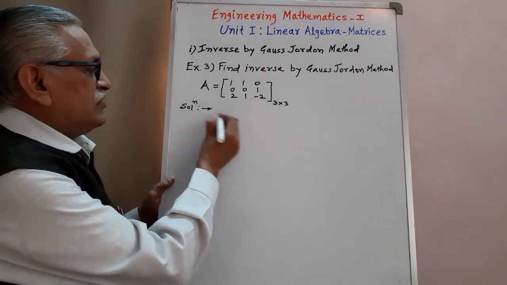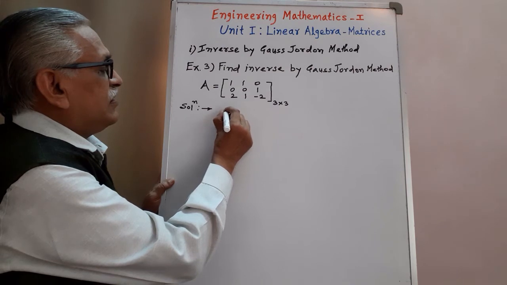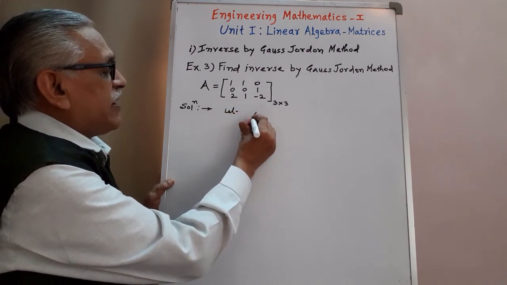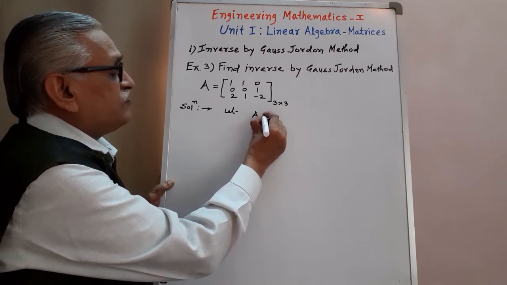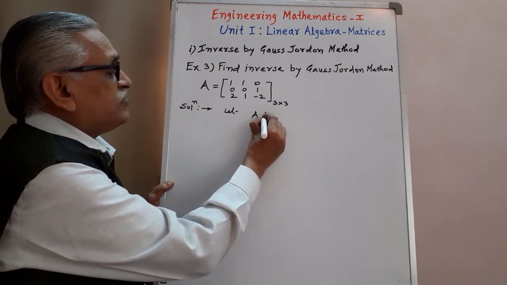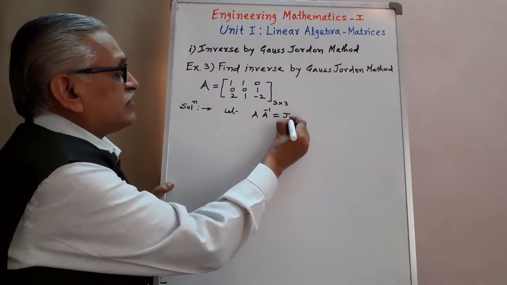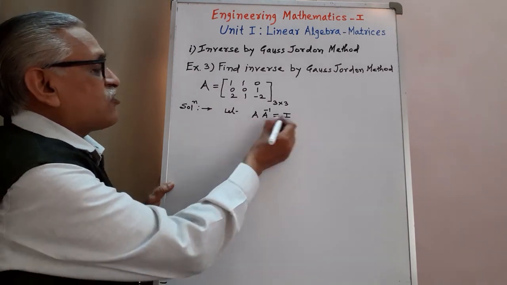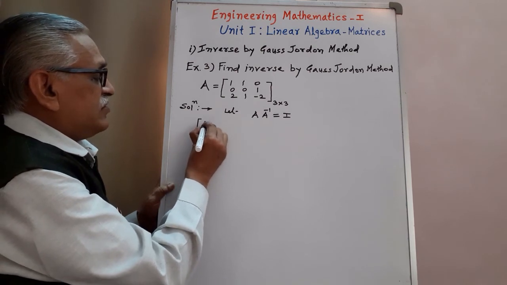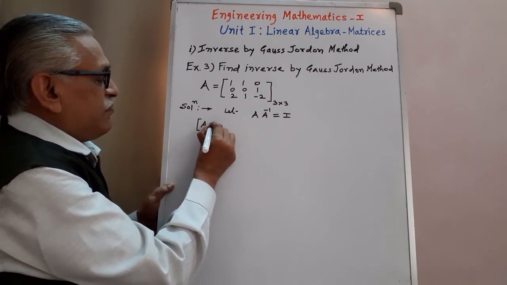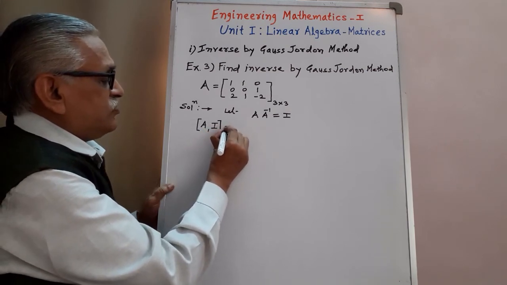Therefore, for finding the inverse by Gauss Jordan, we let that matrix A into A inverse equals I. Then we take a combination of matrix A and matrix I.